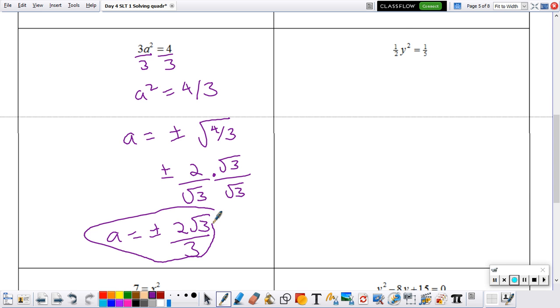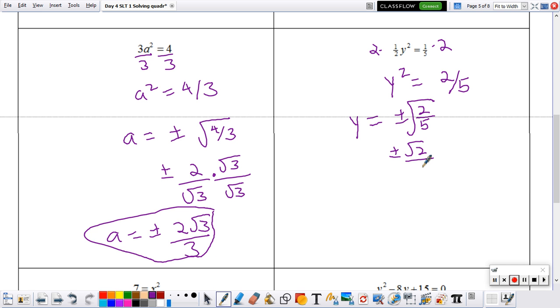For this 4th problem, I'm going to start by multiplying both sides by 2. I get y squared equals 2/5, and then this problem is exactly like its next door neighbor. I take the square root of both sides, and well, close, but there's no perfect square. I get plus or minus the square root of 2/5. And again, that's like plus or minus the square root of 2 over the square root of 5.